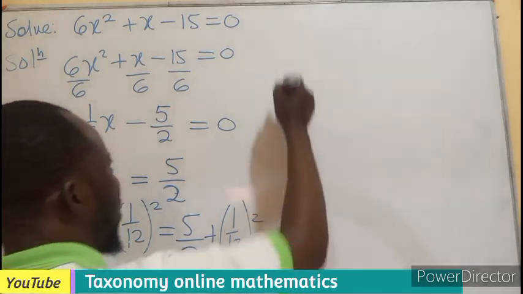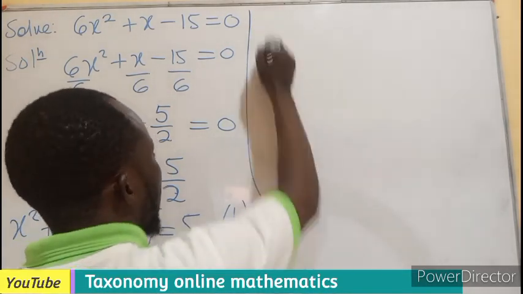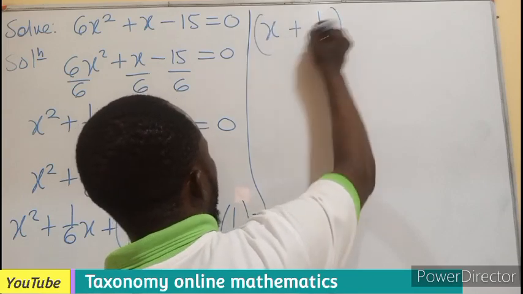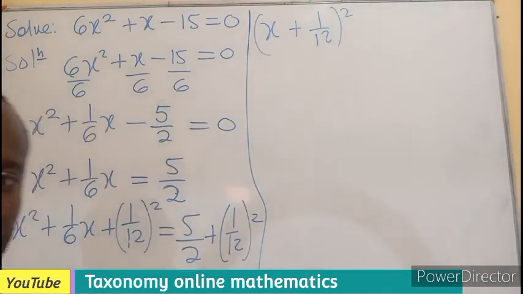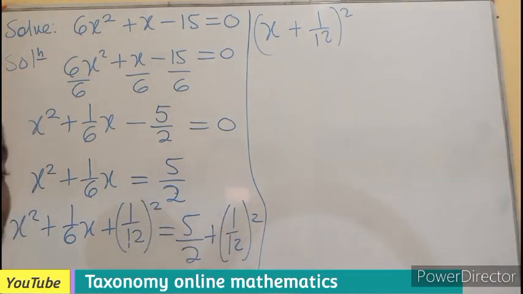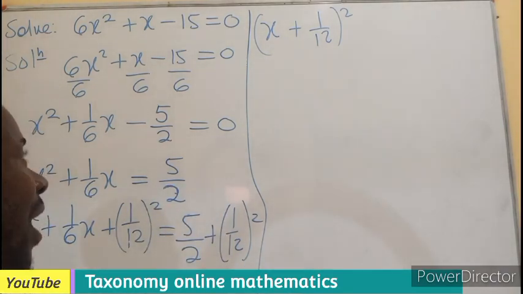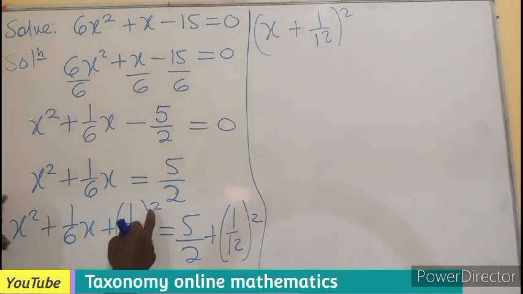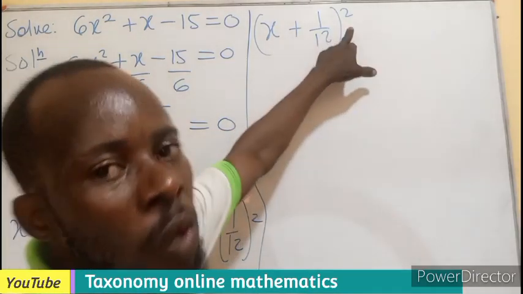So this is going to be x plus 1 over 12 all squared. It's a perfect trinomial. I explained this concept in detail in one of my episodes under quadratic equation. So when you have this, if it is negative, pick the x, pick the negative of the number and square it.